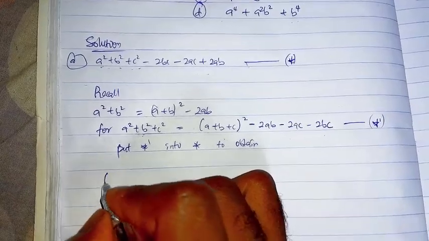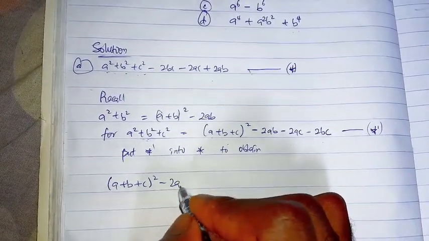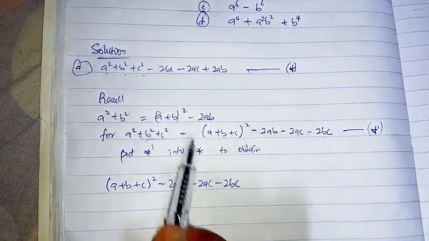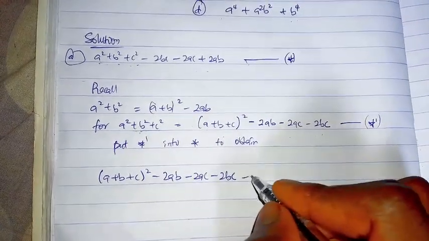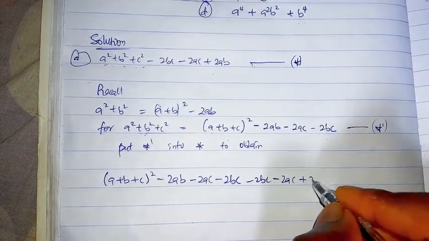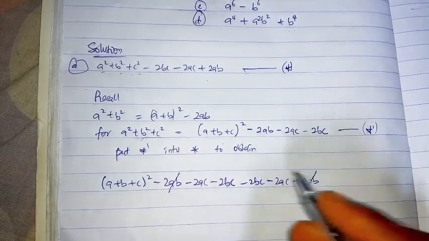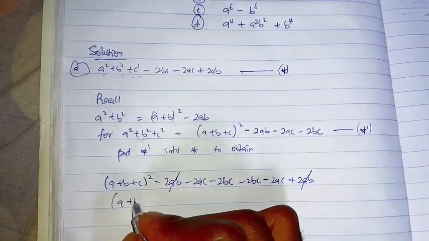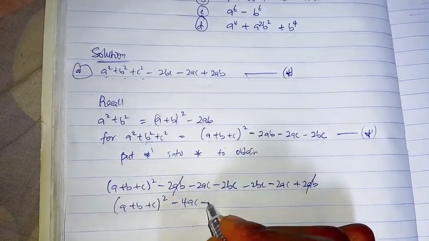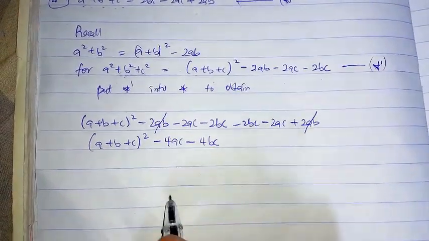That becomes a plus b plus c all squared minus 2ab minus 2ac minus 2bc. What remains up here? What remains is minus 2bc minus 2ac, then plus 2ab. Now looking at it, these cancel themselves out. What remains is a plus b plus c all squared minus 4ac and minus 4bc, if you pick your like terms properly.